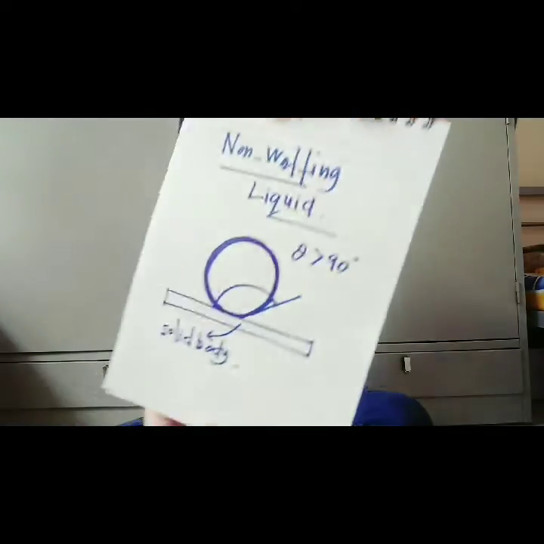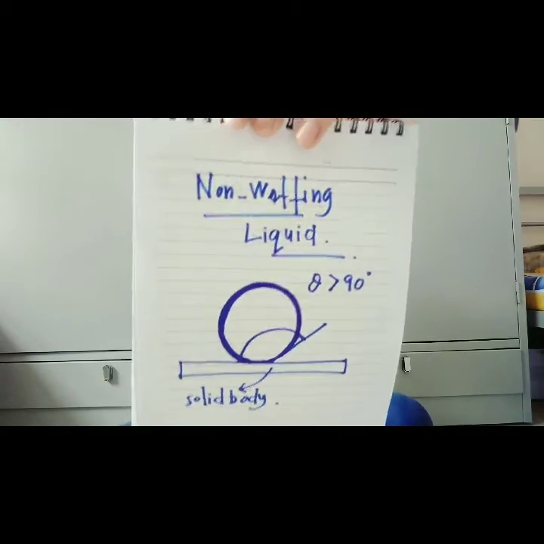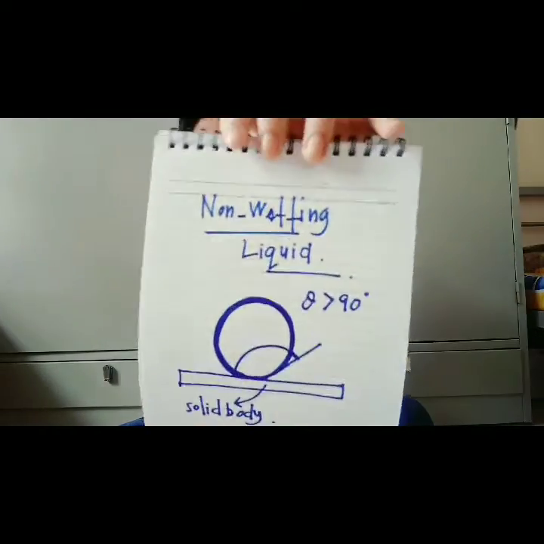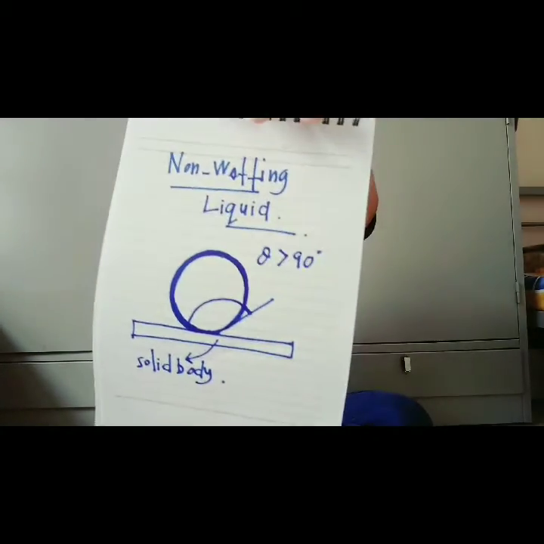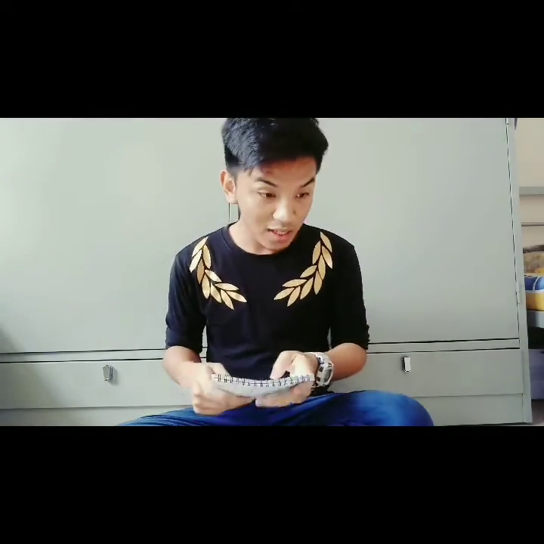An example of such a liquid is mercury. That's the diagram that I drew. So a non-wetting liquid has an angle of more than 90 degrees.